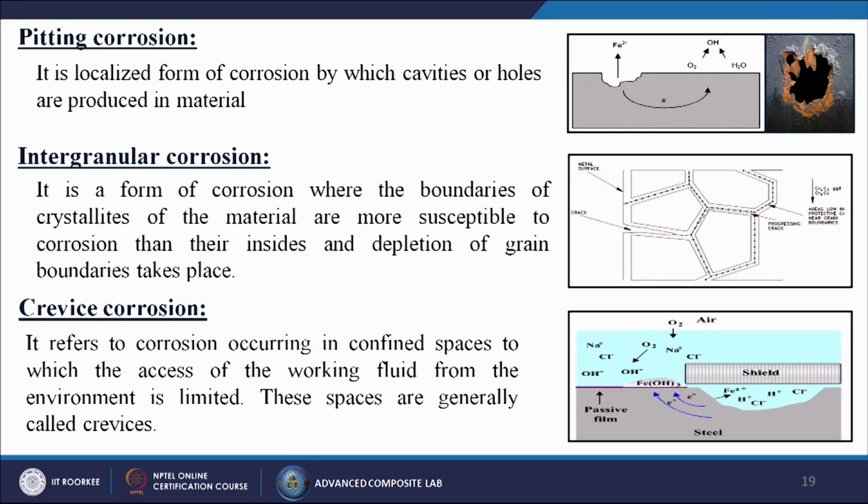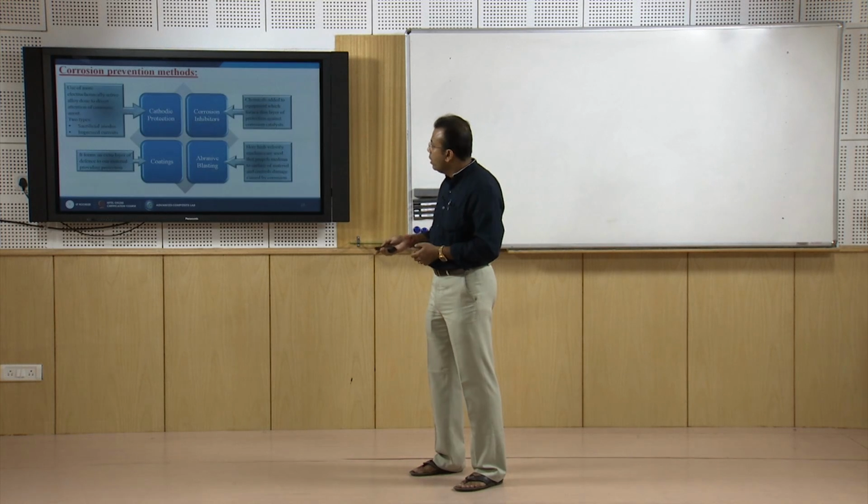Here we have used sodium chloride salt solution, where the hydrogen and chlorine can react with that, and due to that the corrosion can take place, which is known as crevice corrosion.